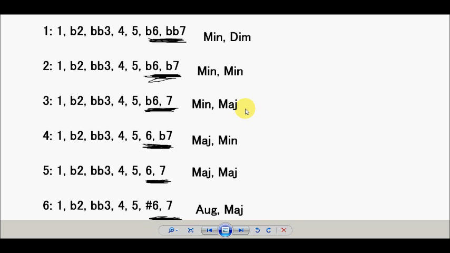And then it goes back, almost as though it realizes that it left the 6th behind. So in the 4th scale, it goes back to minor, and the 6th scale greets it in major. And then in the 5th, the 7th goes major, and then in the 6th scale, it's almost like the 6th is finally following along, and it augments just behind the 7th scale degree.